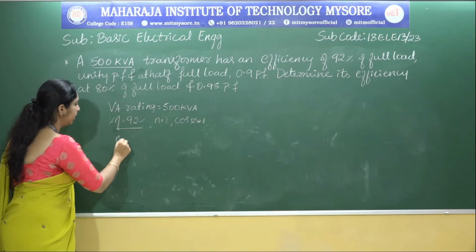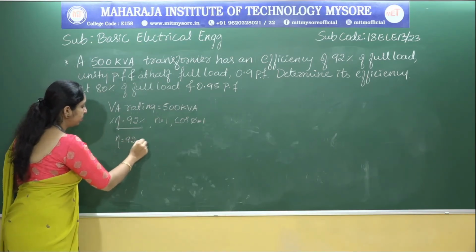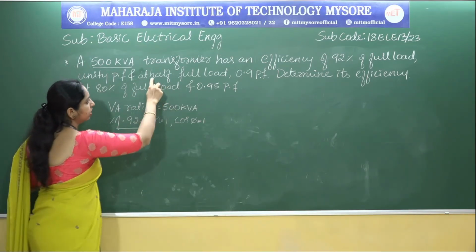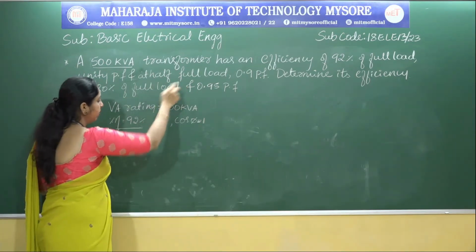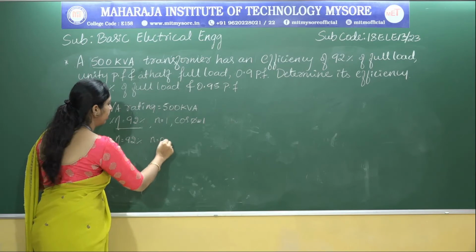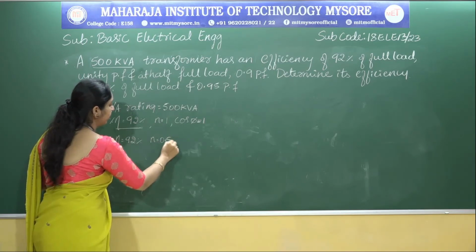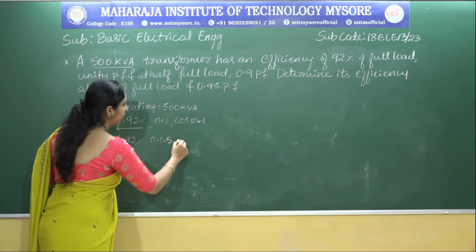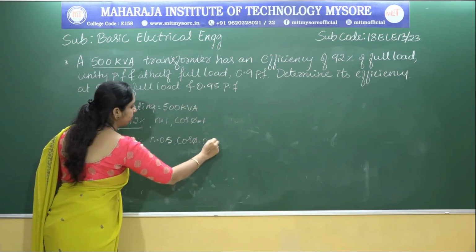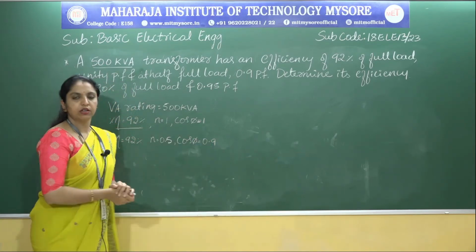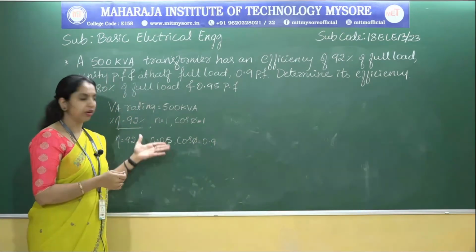So considering again eta equal to 92%, at half full load, which means n is equal to 0.5. Then what is the power factor here? The power factor is 0.9, so cos phi is equal to 0.9. I hope it is clear how to write the data.